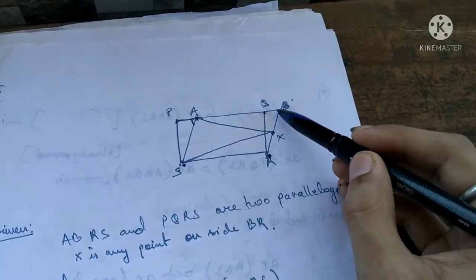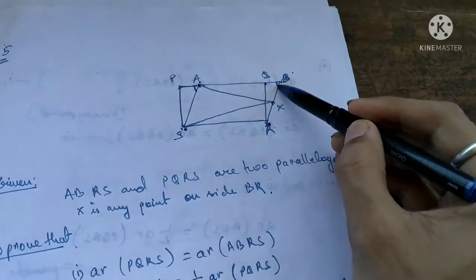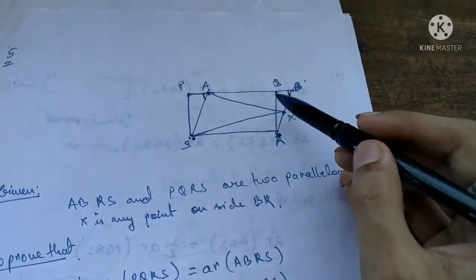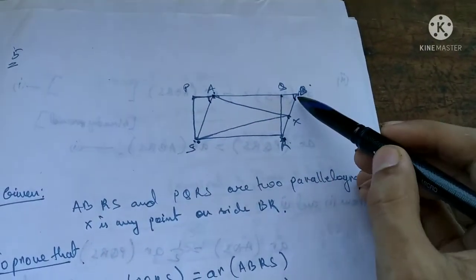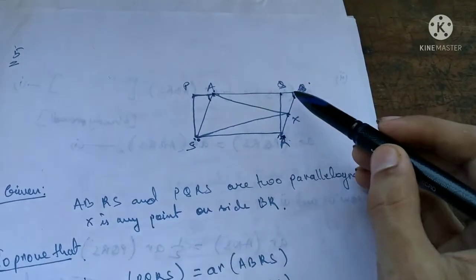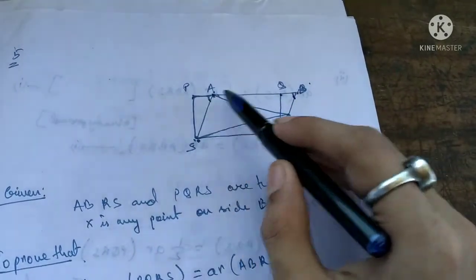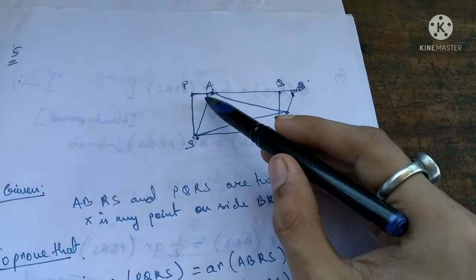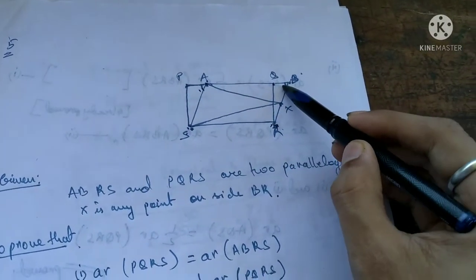This angle will be equals to this angle because they are corresponding angles. This is parallel to this, and PB is the transversal. So therefore this angle will be equals to this angle.